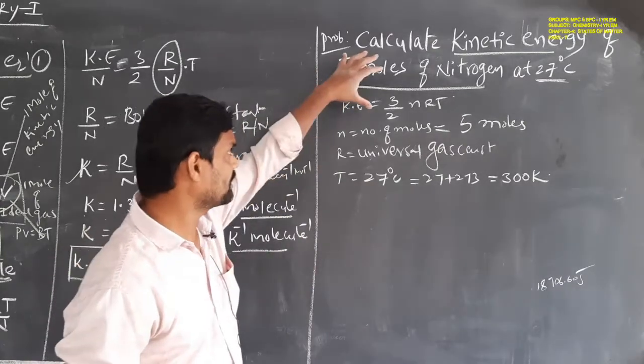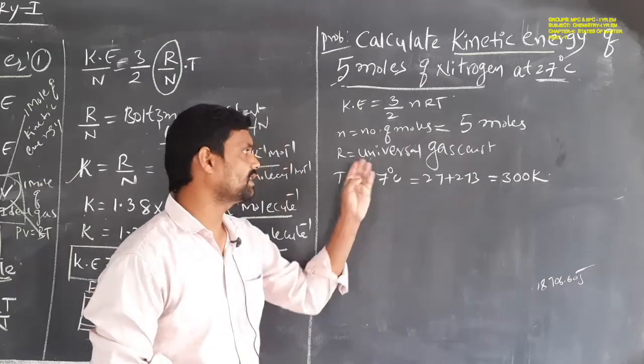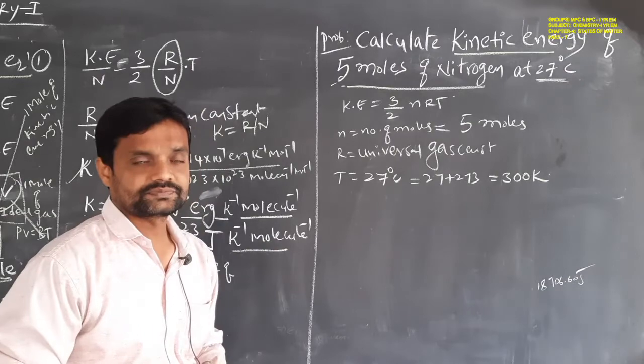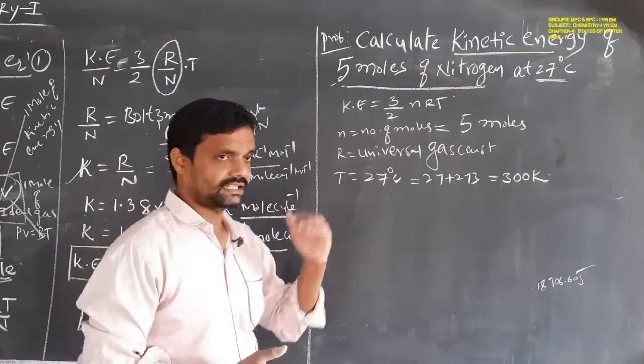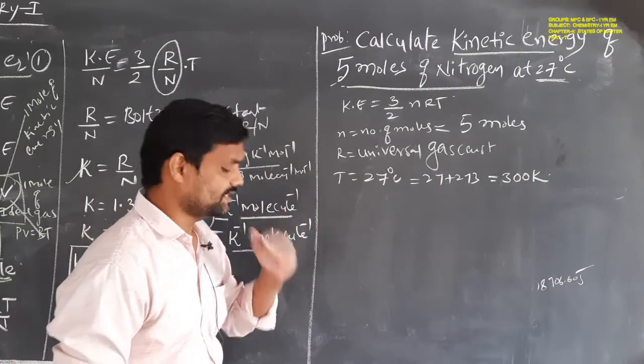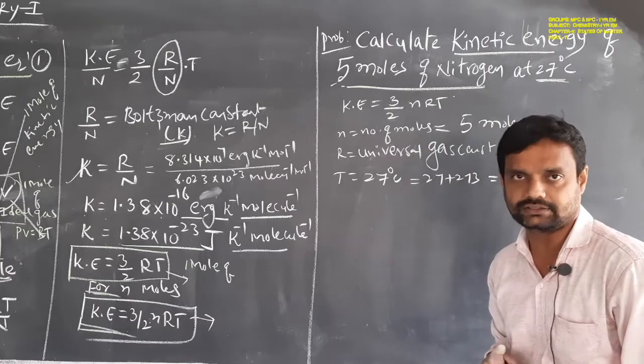But if they ask in joules, we should take the R value in joules. If they ask in calories, we should take the R value in calories. When they do not ask for any units, we take any one of the R values.